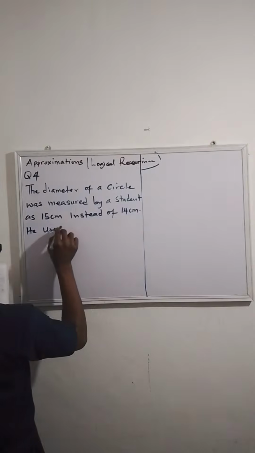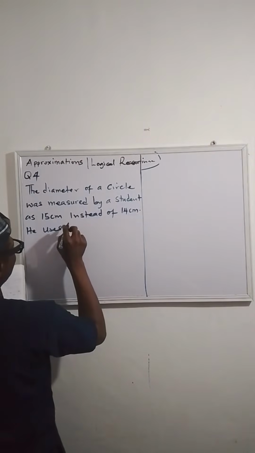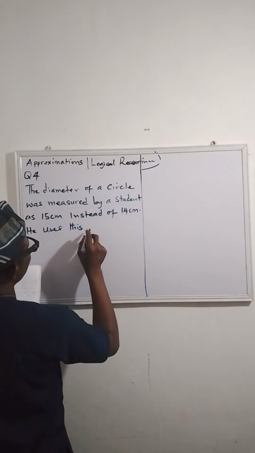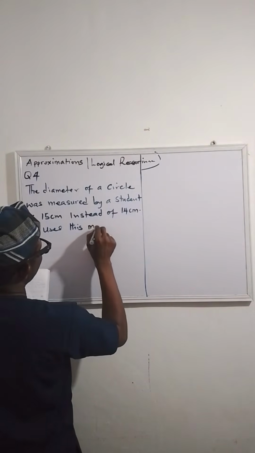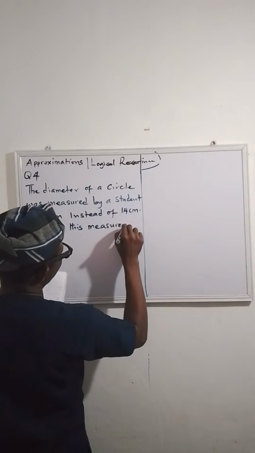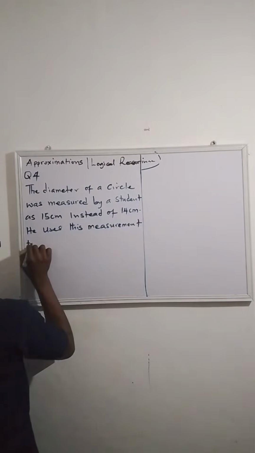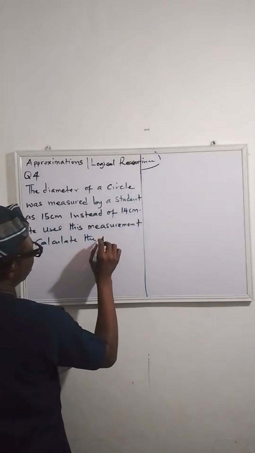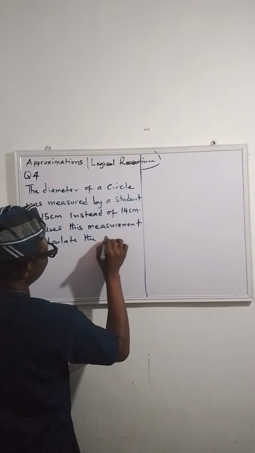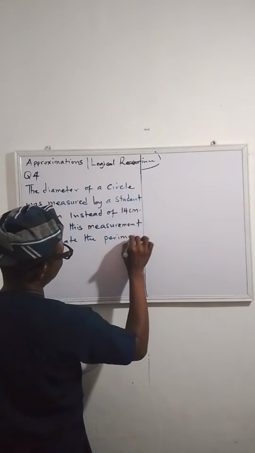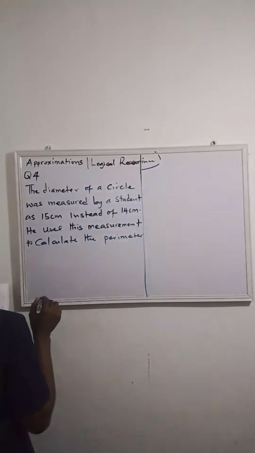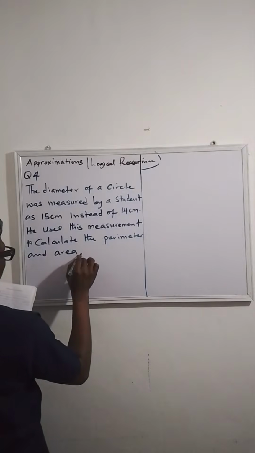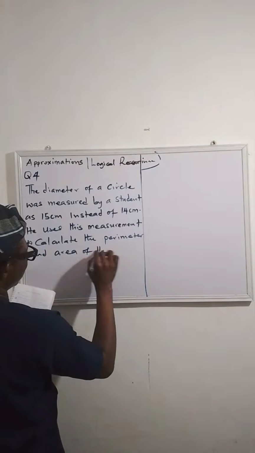He used this measurement to calculate the perimeter and the area of the circle.